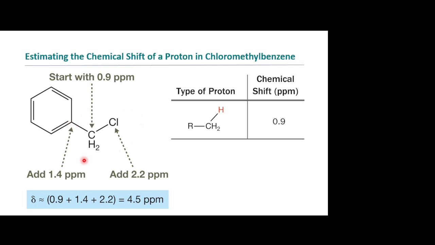So what we do is add a 1.4 for this next position off an aromatic ring, and then add a 2.2 from that table for the chlorine. We add those together, and we find we should get something about 4.5. That's actually pretty reasonably close to the shift you would see experimentally. It won't be perfect. It'll be a little off. More often than not, it won't shift quite as much.